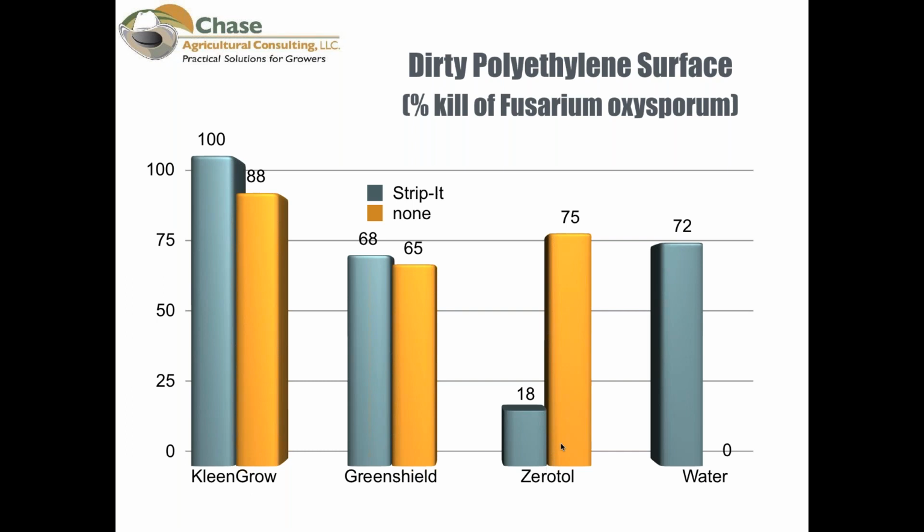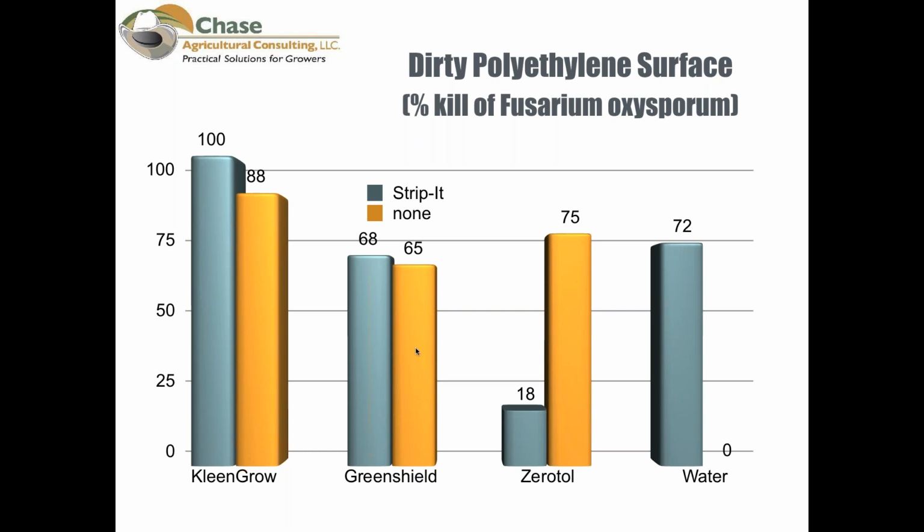The next product we were looking at was Xylitol. In this case, the Xylitol on the plastic by itself killed 75% of the Fusarium. But when we pre-treated with Strip It and then followed with Xylitol, there was apparently a bad interaction between these two chemicals. So that was a pretty negative response.